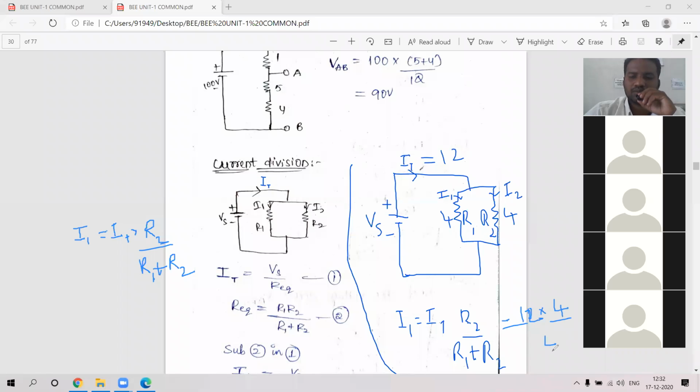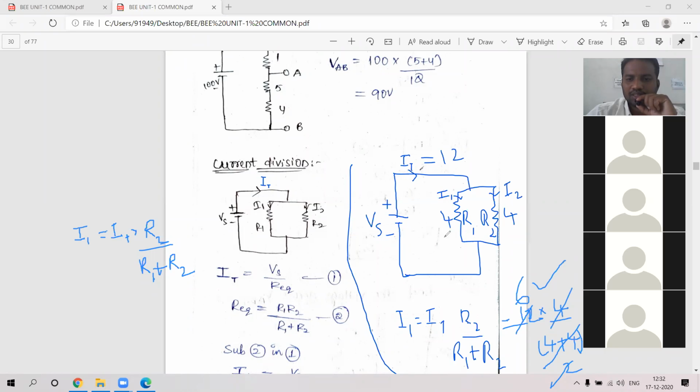R1 plus R2 is 4 plus 4, that is 8. So 12 into 4 by 8 gives 6. I1 is 6, and similarly I2 is also 6.